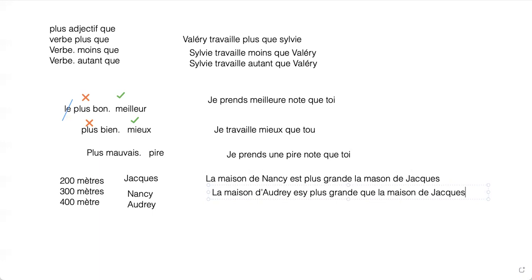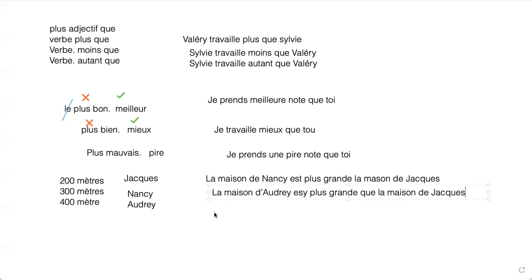Alors, la maison d'Audrey est la plus grande. So, you have 3 houses and we want to compare 3 houses. So, here, Audrey's house is the biggest one. So, biggest, it means that it is a superlative. So, it is the biggest one.